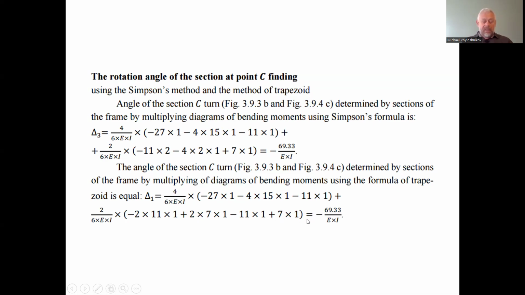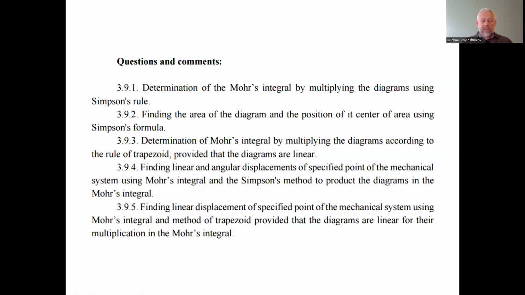And after calculation, we have that this magnitude of the bending angle at point C has to be delta 3. Let me remind you, sorry, this will be the magnitude of the bending angle of section C under the action of the external load. Questions and comments?